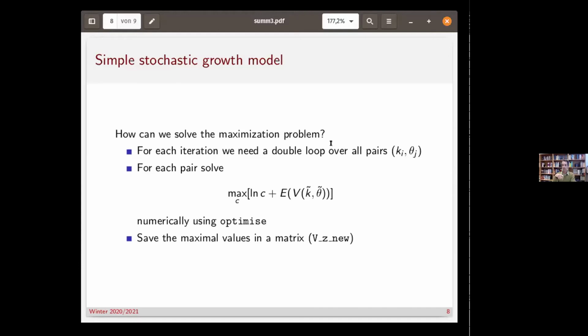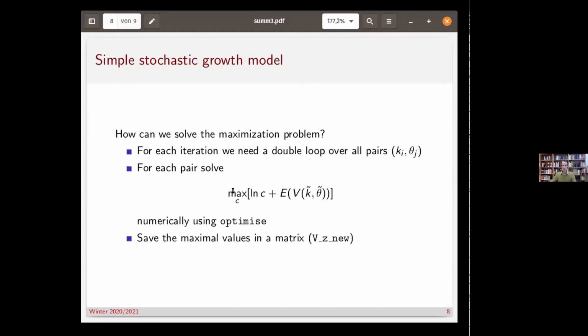So here you can already see that the number of state variables is very important. And if you have more than, say, 3 continuous state variables, it won't work in general, unless you know the functional form of the solution. So this is the reason why we will look at reinforcement learning methods after Christmas. But here we have to do that for all pairs of capital stock and technology level.